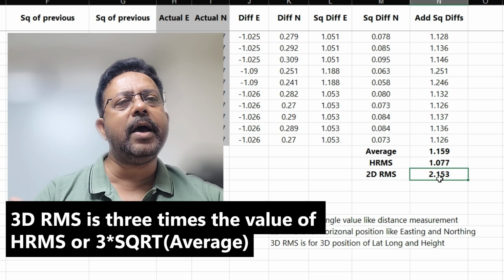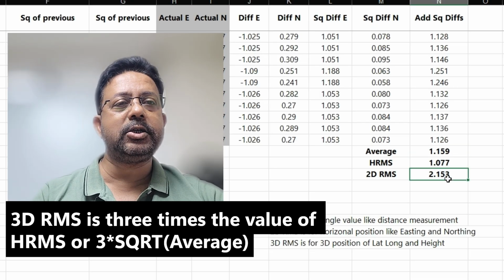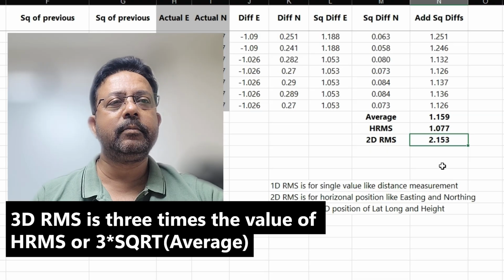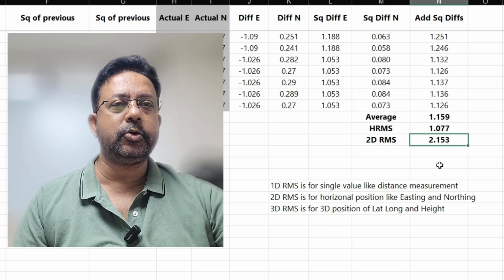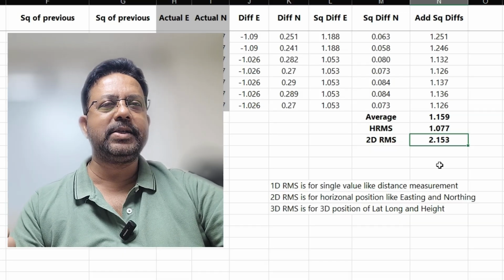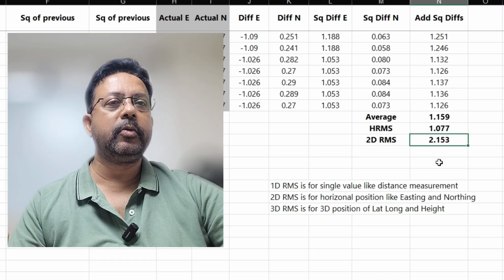So if this 2D RMS or HRMS value is very small, then it's normally good data. If it is higher, then it's not supposed to be good. So you have to look for a very precise, very small HRMS value.